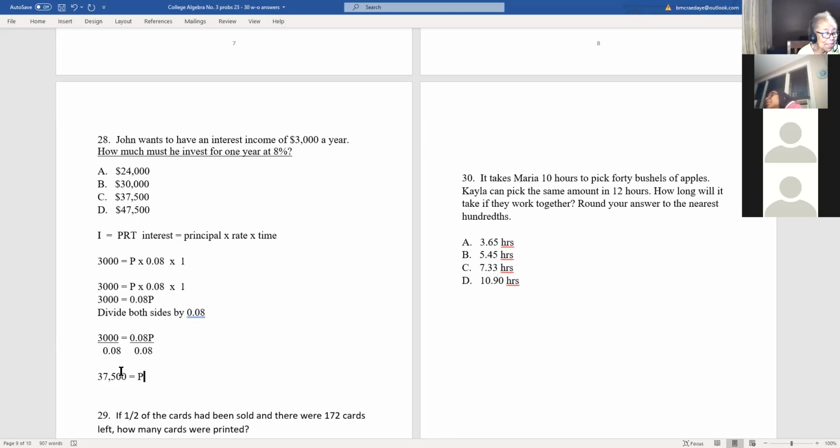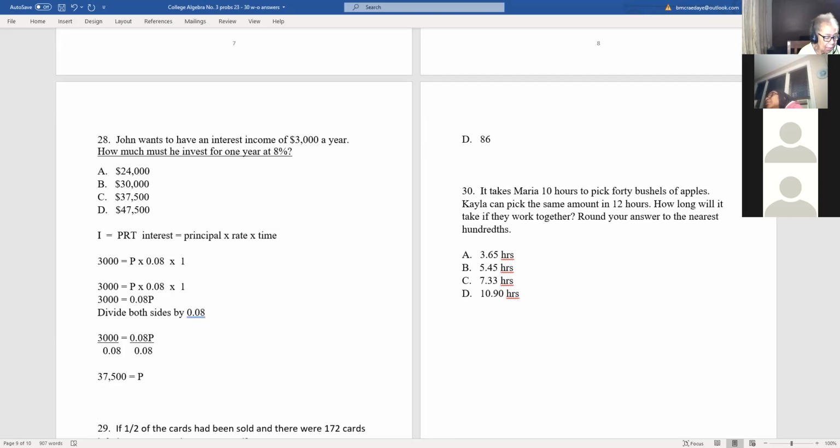Yeah, because the interest is 8%. But if the interest was higher, then you wouldn't need as much. So what answer is that? It's C, as in candy. Any questions on simple interest?